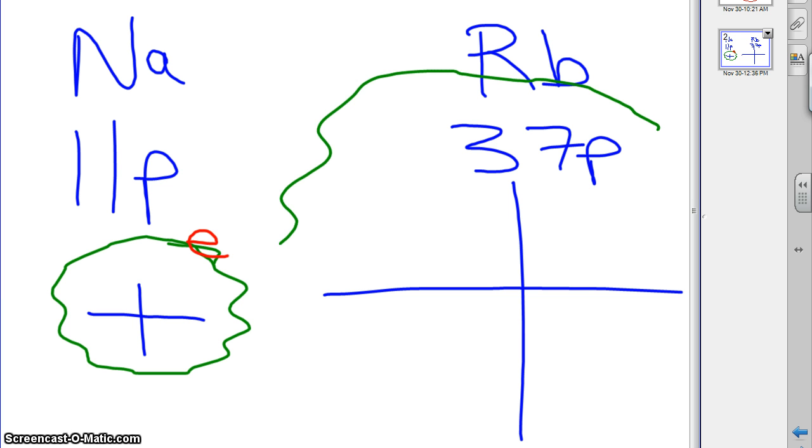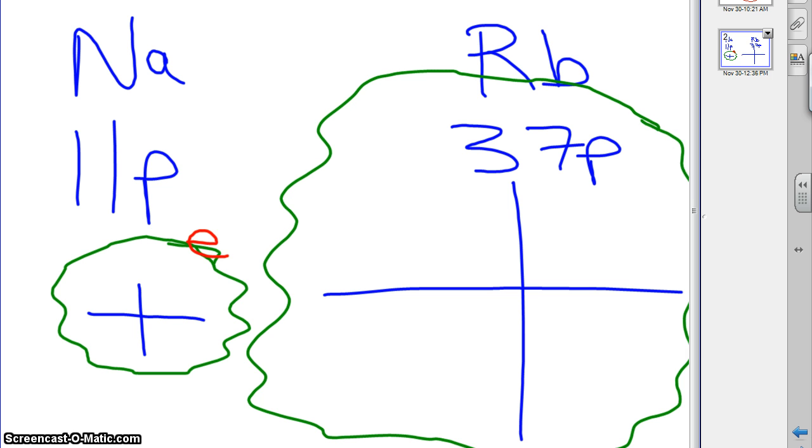Should be a lot bigger, shouldn't it? Because it's filling a 5s, whereas sodium is filling a 3s. In case you're wondering why those are different, the 3s orbitals are smaller than the 5s orbitals. So let's stick that electron on there.